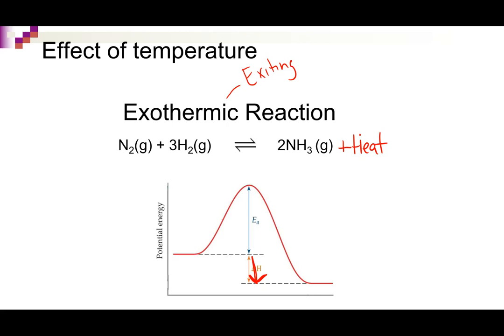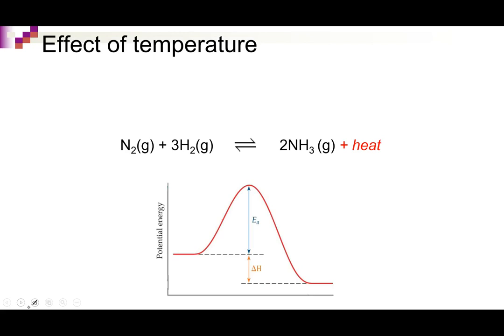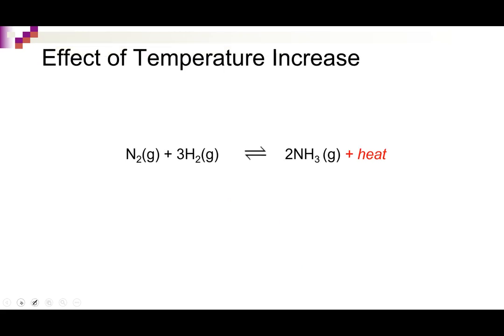So heat is considered a product. Now we can think about increasing the temperature and decreasing the temperature from the perspective of adding a product and removing a product. Okay. It's a big jump I made.